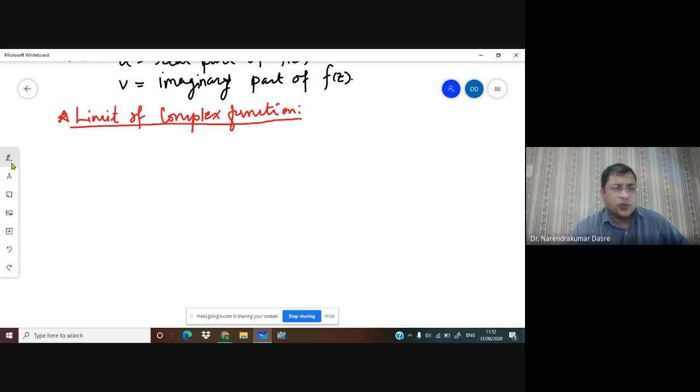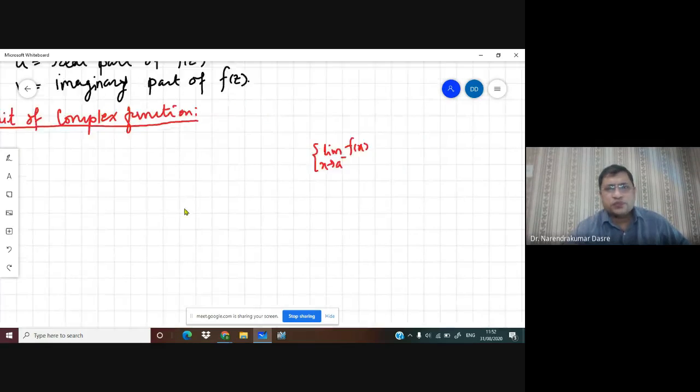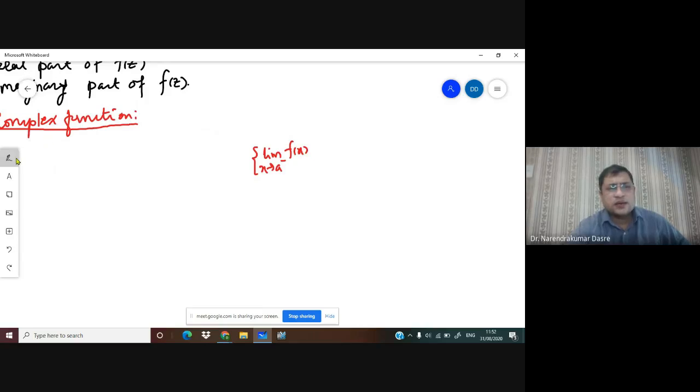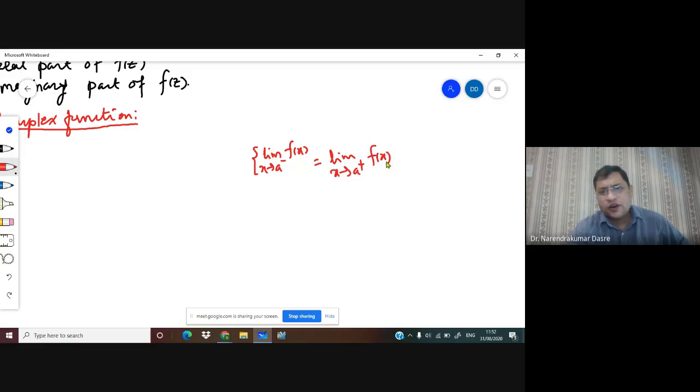So what we know in the real case is: limit as x tends to a minus of f of x is equal to limit as x tends to a plus of f of x.